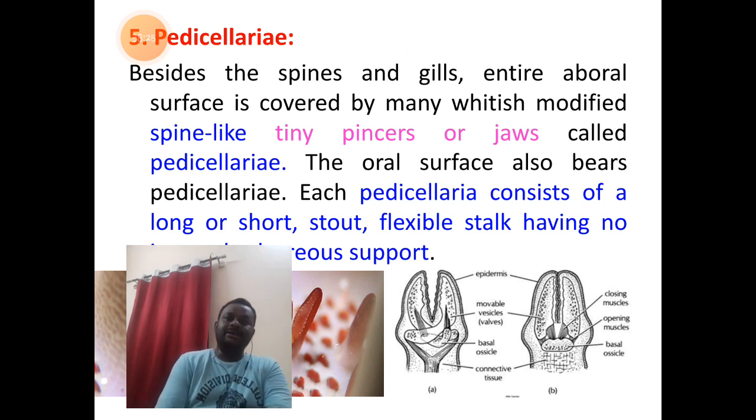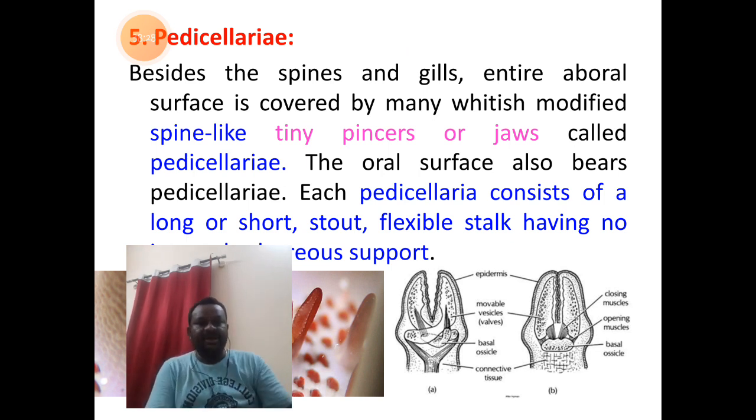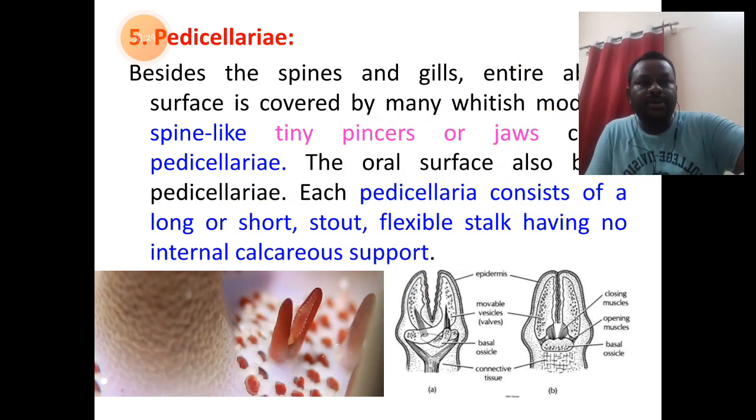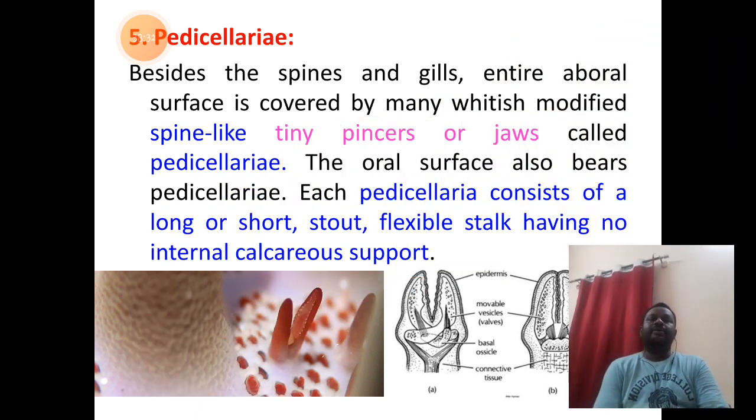The next important structures that we find on the aboral surface of the sea star are Pedicellariae.